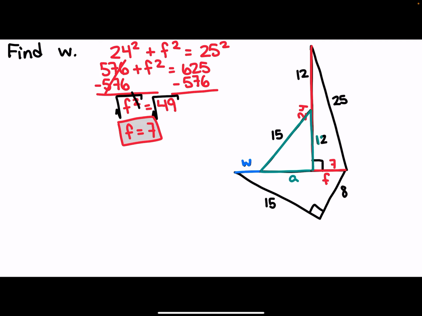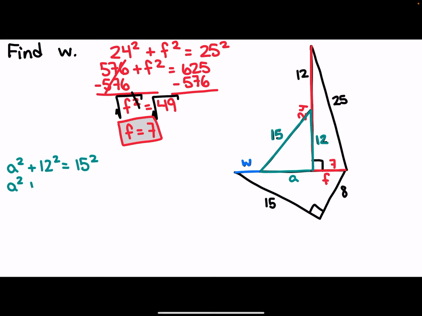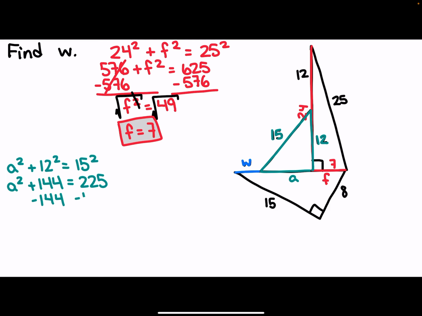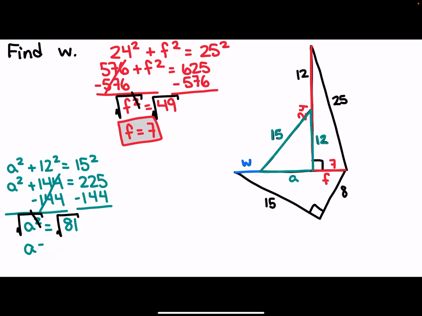So I'll have a squared plus 12 squared equals 15 squared. 12 squared is 144. 15 squared is 225. Subtracting 144 from 225 will leave me with a squared equals 81. Lastly, to get a by itself, I take the square root of both sides, leaving me with a is equal to positive 9.